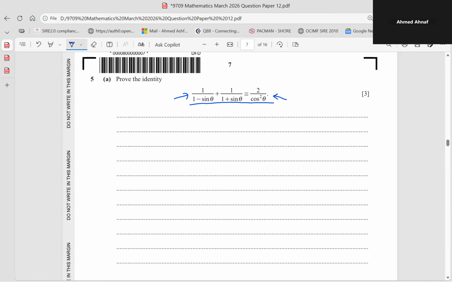All right, so let's write down the two fractions. So 1 over 1 minus sine theta plus 1 over 1 plus sine theta. So to combine them, we need to make the denominators the same. So for the first one, you just multiply 1 minus sine theta with 1 plus sine theta for both the numerator and the denominator. So you also multiply the numerator.